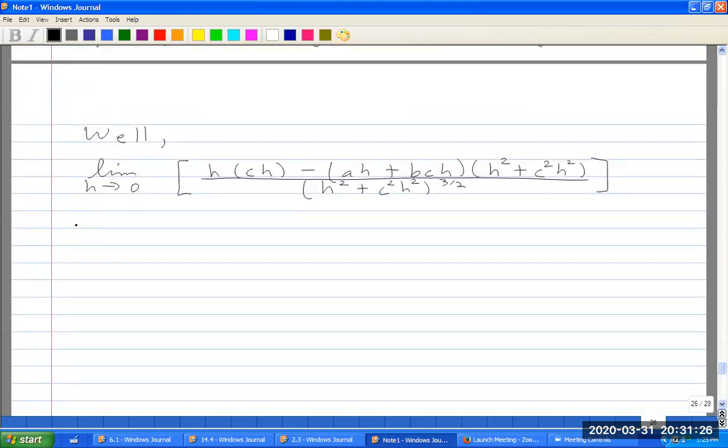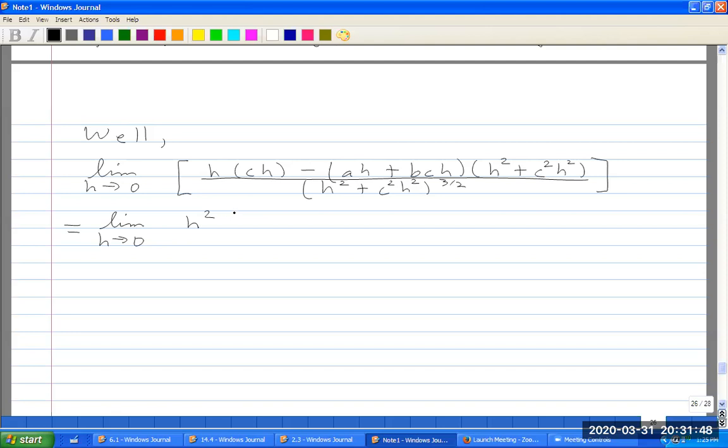This is equal to the limit as h approaches 0. Let's factor out h squared.